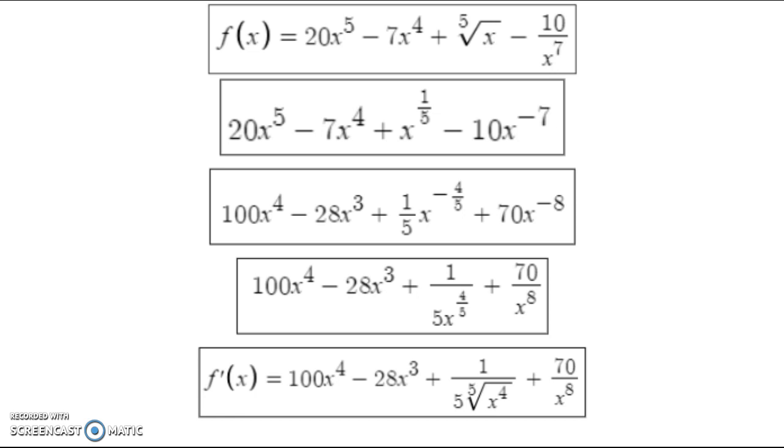Finally, we need to get everything back in its original form. In doing this, we are given our final answer. The derivative of f of x equals 100x to the 4th minus 28x to the 3rd plus 1 over 5 times the 5th root of x to the 4th plus 70 over x to the 8th.